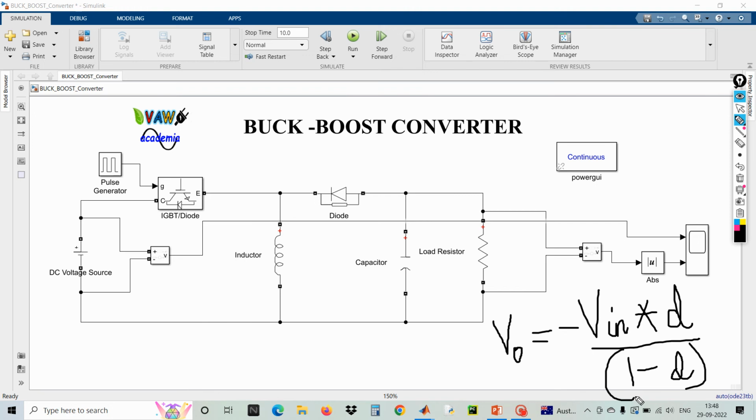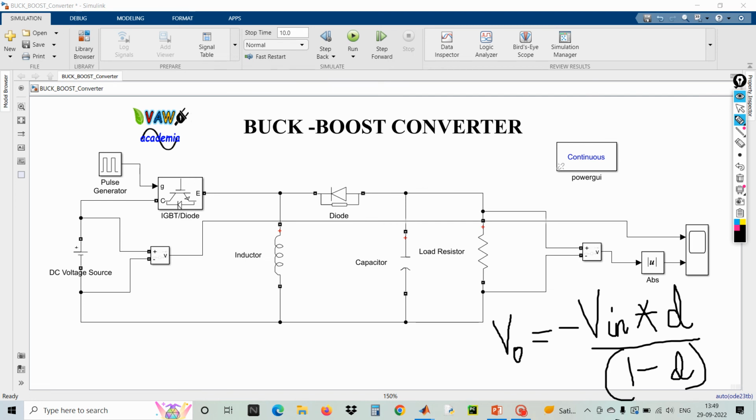If the D value is 1, you are instructing the switch to be always in on state. Both will affect this circuit. So you should not reach either 0 or 1. You should be very careful about the values.